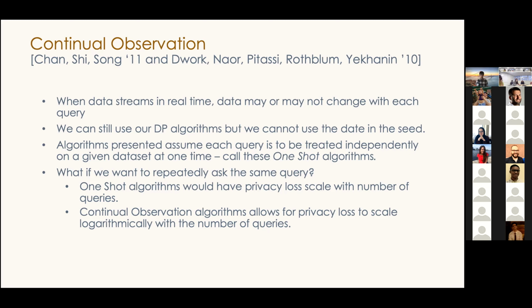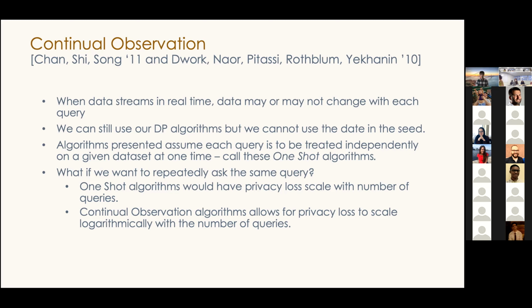I'll call these algorithms that add fresh noise every time one-shot algorithms, because they are treated independently on a given data set at any time. If I issue one query, I need to add fresh noise, and if I ask the same query, I have to add fresh noise again. What is this going to do to the privacy loss?